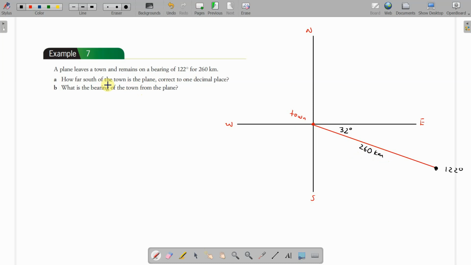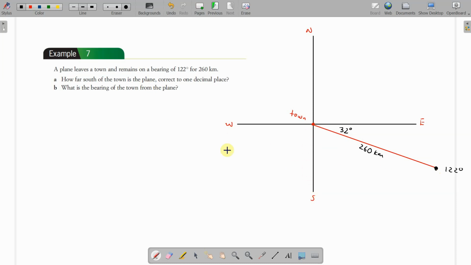Then it says, how far south of the town is the plane? I don't like the wording of these questions because it's a bit misleading, so I'll interpret it for you. How far south? We need to find out how far along here the plane is. So it's not along here; I've got to find the distance level with where the plane is now, along here.